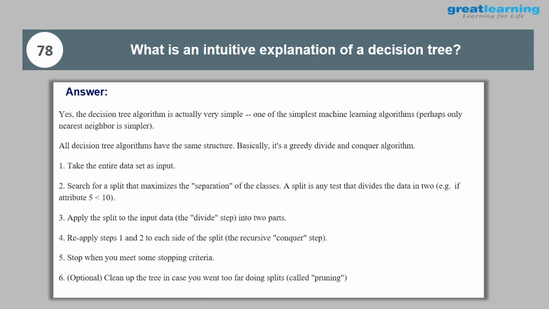A split is any test that divides the data into two, for example if attribute 5 is less than 10. 3. Apply the split to the input data, the divide step, into two parts. 4. Reapply steps 1 and 2 to each side of the split, the recursive conquer step. 5. Stop when you meet some stopping criteria. 6. Optional: clean up the tree in case you went too far doing splits, called pruning.